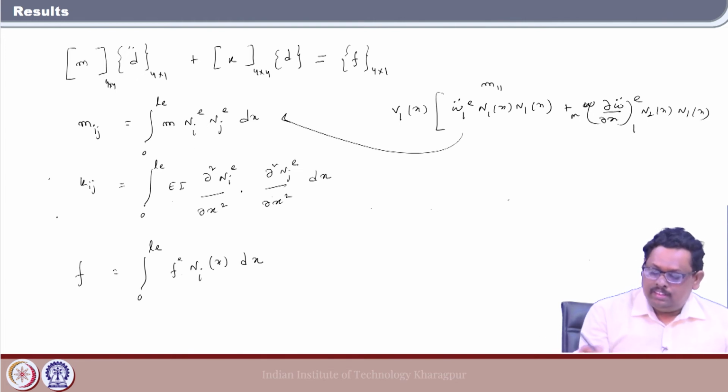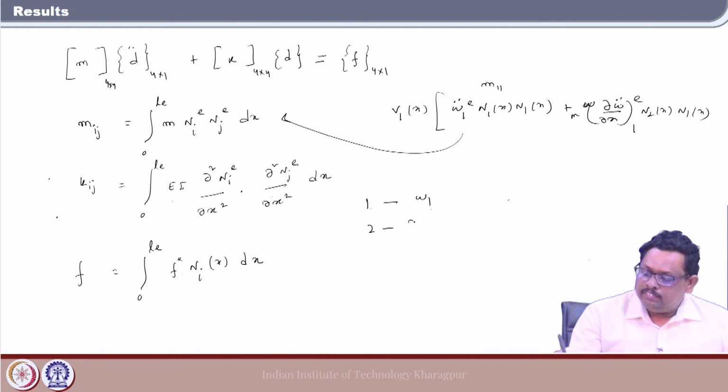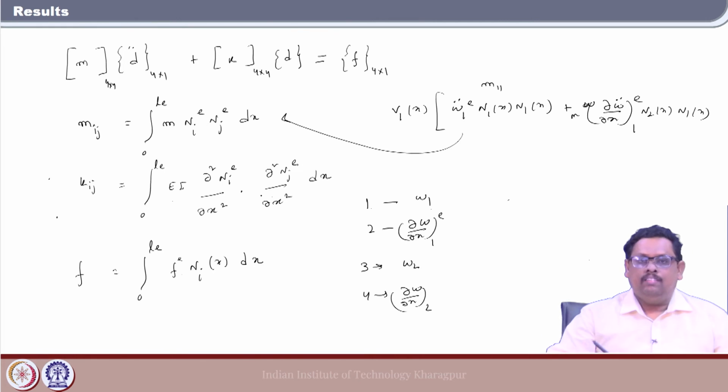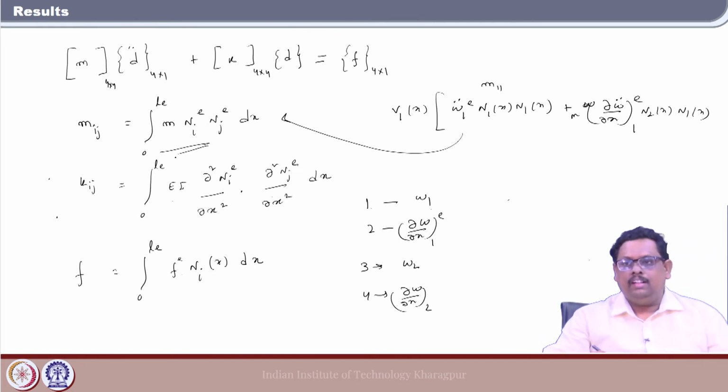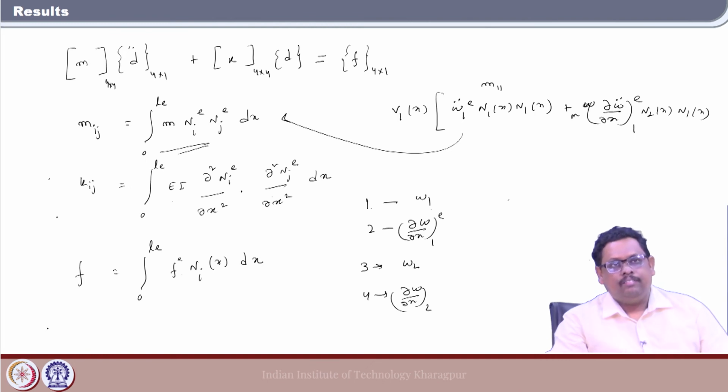Now, your 1 refers to w 1, your 2 refers to del w del x for 1, your 3 refers to w 2, and your 4 refers to del w del x 2. Now, you see you can just break it up, you can get this composed way, you can get this expression, fine.